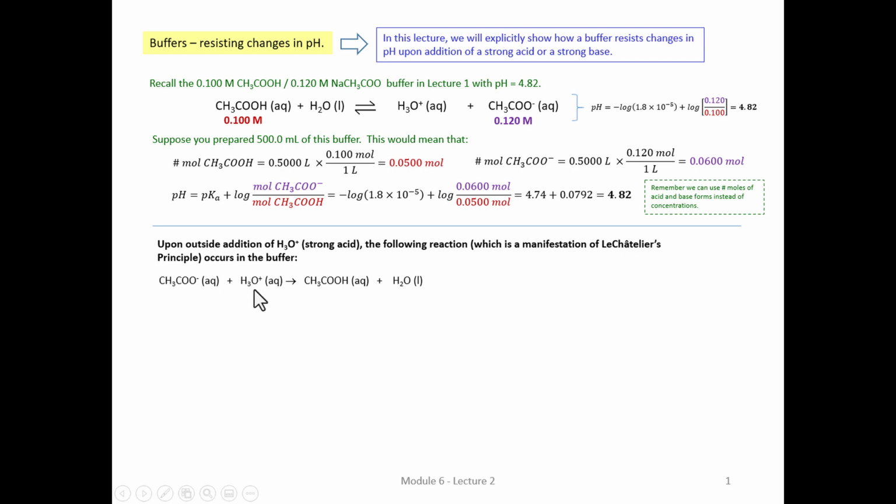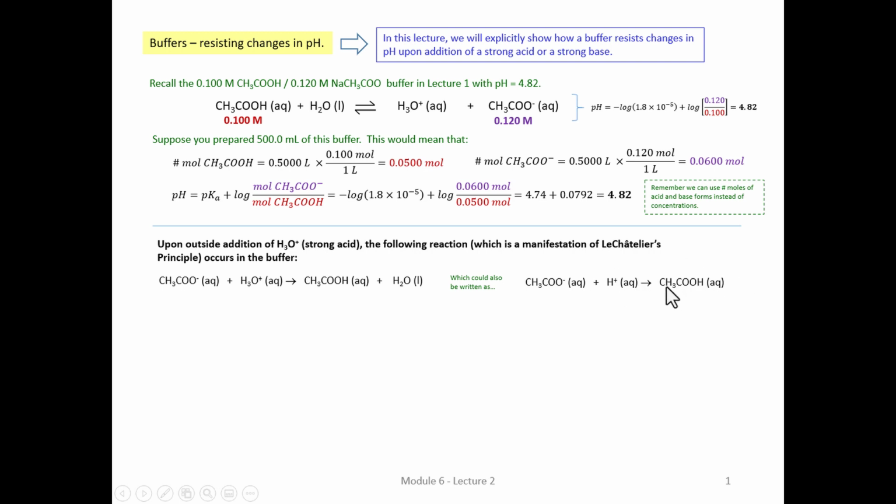So this H3O+ in this equation is not what was here originally. It's the added H3O+ from outside. That added H3O+ is going to go after the base form and reform some acetic acid and water. We could also write this reaction more simply as the base form being attacked by a hydrogen ion going to the acid form.